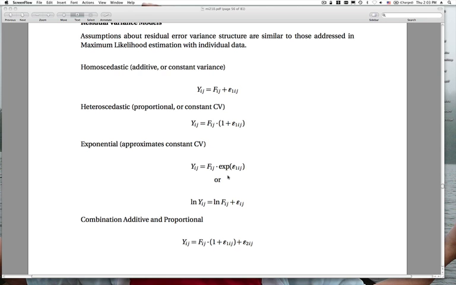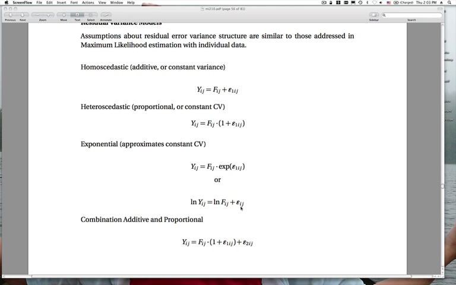And actually, in order to truly implement this in the approximate likelihood methods, such as the ones we'll be discussing in the NONMEM software, you have to transform both sides, and it's really equivalent mathematically to log transform this expression. So you end up with the log of the data equals the log of the prediction plus an additive residual error.